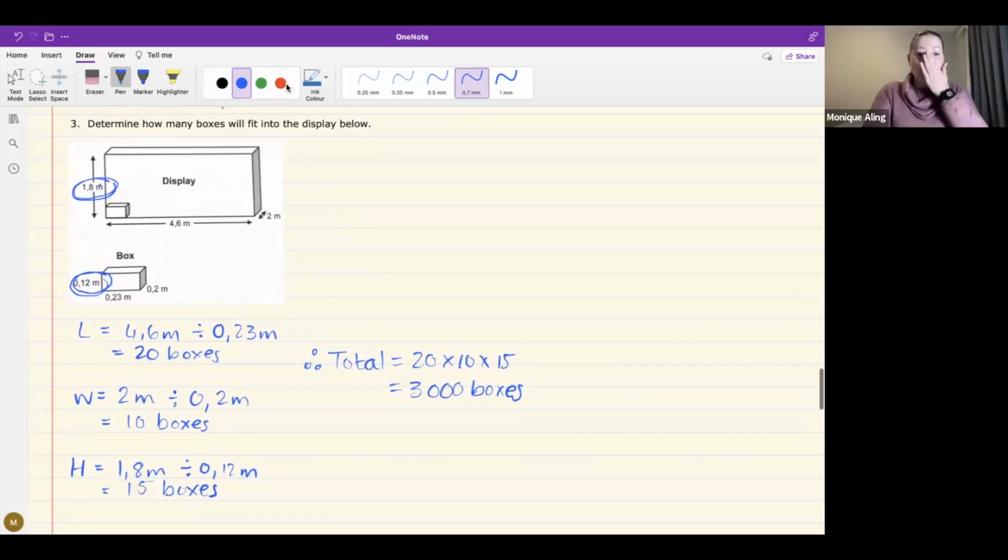What I did like about this is that the way they showed us the box, it was easier to see that the length, remember length is our longest side of the box and it's facing the same way. So the length of our display is in line with it. It's 4,6, our longest side. And then the width is the side measurements. So we need to match length with length, width with width, height with height.